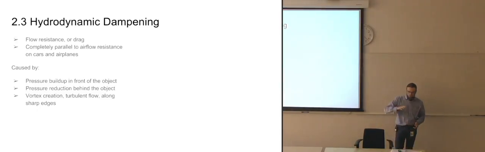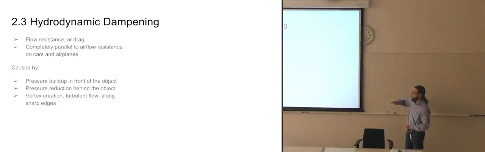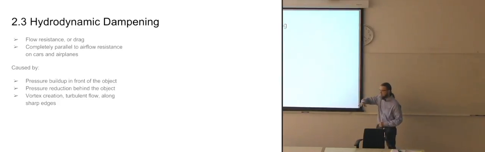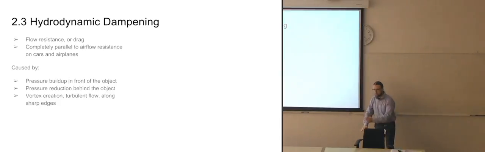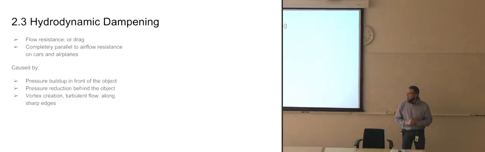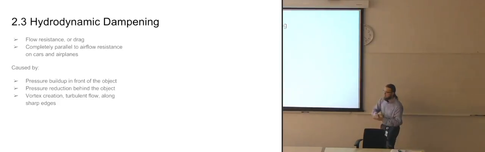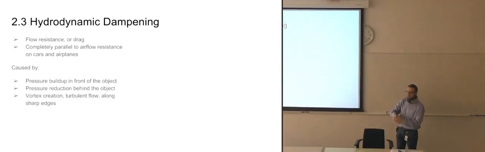Or if you have an object hanging from your crane, but your ship is experiencing heave because of waves, then the object will be lifted and lowered as the ship is lifted and lowered by the waves. Every time it's lifted, it will create vortexes underneath it. And when it's lowered back down, it will be moving through those vortexes, creating more vortexes on top of it and getting more resistance due to the vortexes.